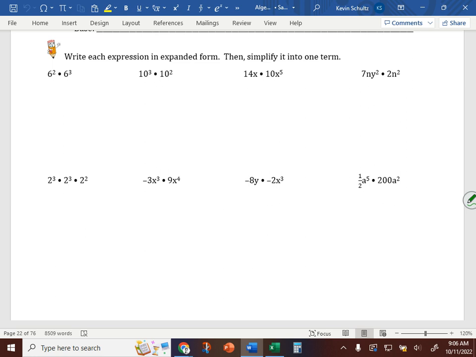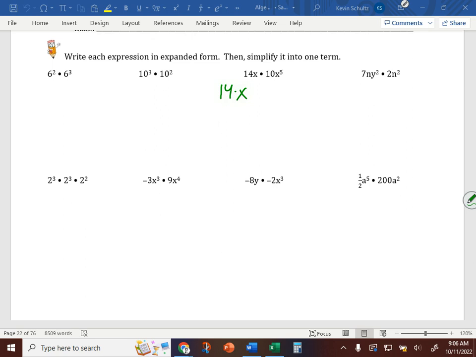So of these 8 that are up here, who's got one that looks particularly inviting or complicated you want to talk about together? Maddie? Or just fun? Yeah. Sure. 14x times 10x to the 5th. So in expanded form, we do need to write out that 14x is 14 times x.